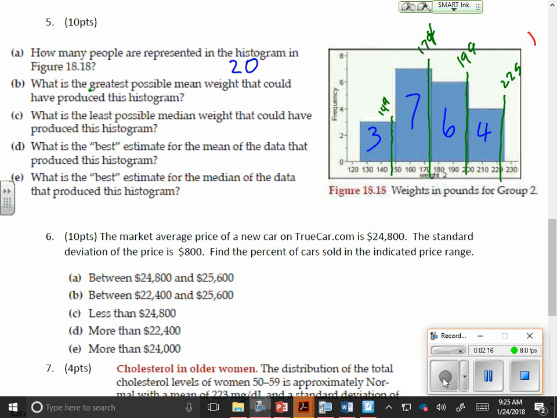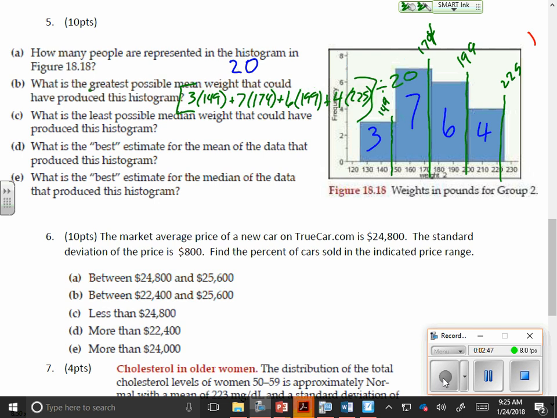But 3 times 149 and 7 at 174 and 6 at 199 and 4 at 225. And then we add all that up and divide that by 20, and we should get the largest average that could be represented by this graph.